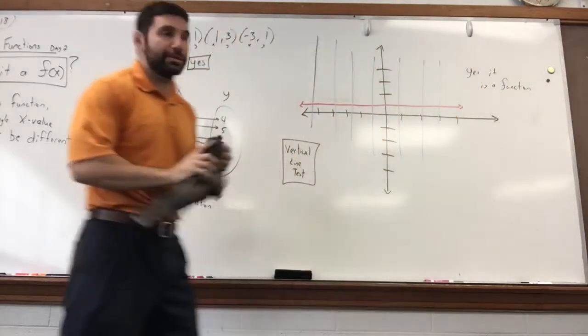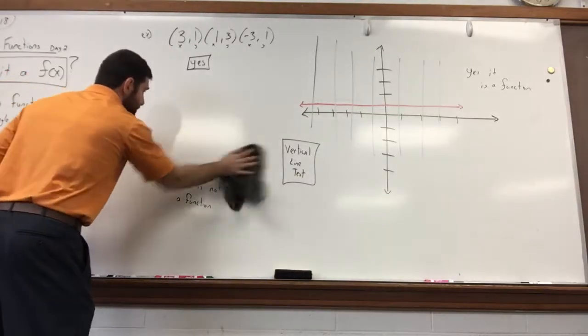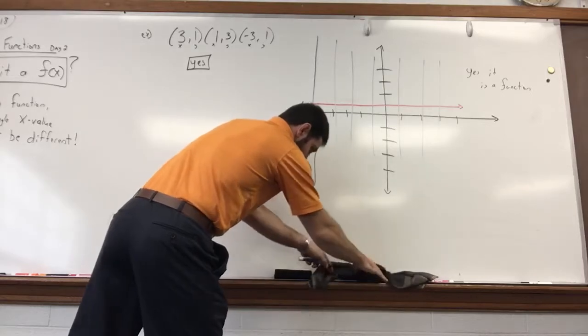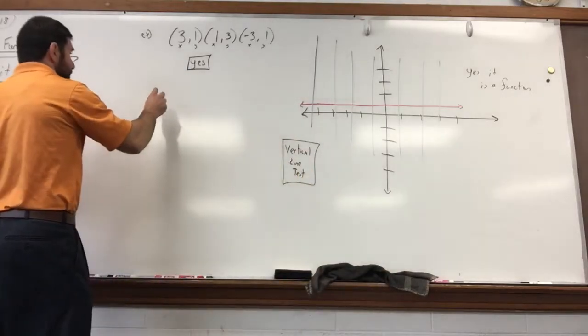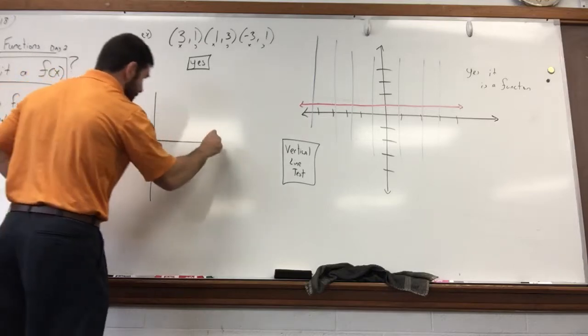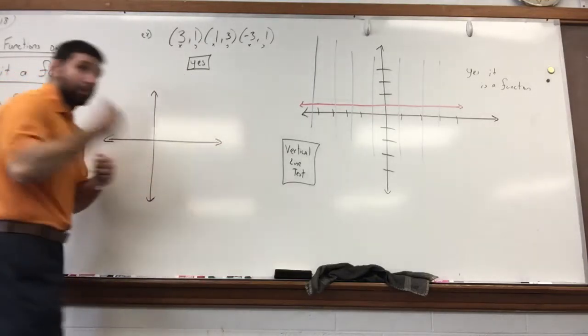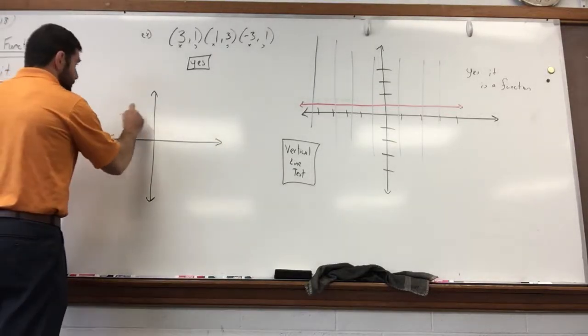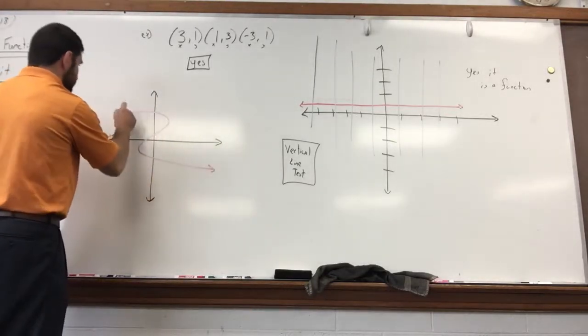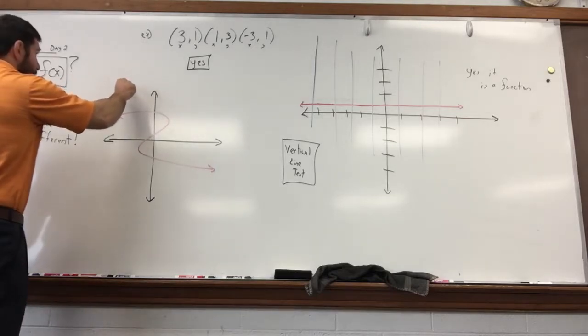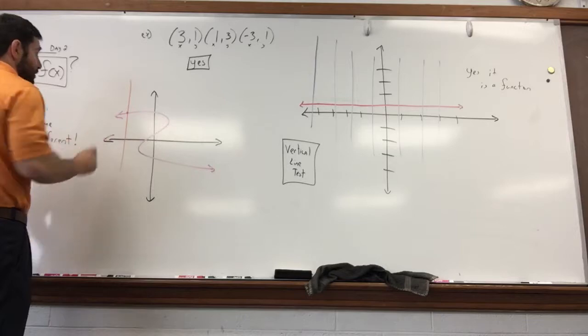Well, what wouldn't look like a function? So, same thing. Ready? So there's my graph. Let's start with our vertical line test. If I draw my vertical line, it intersects once.